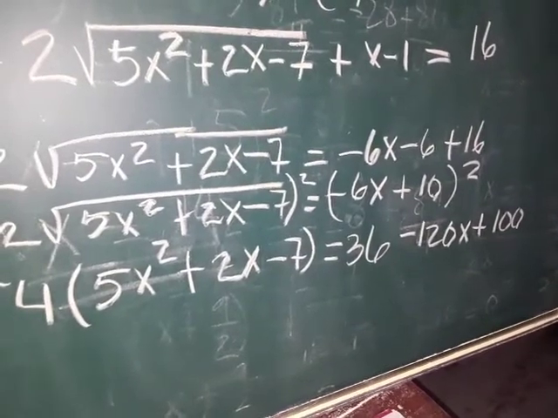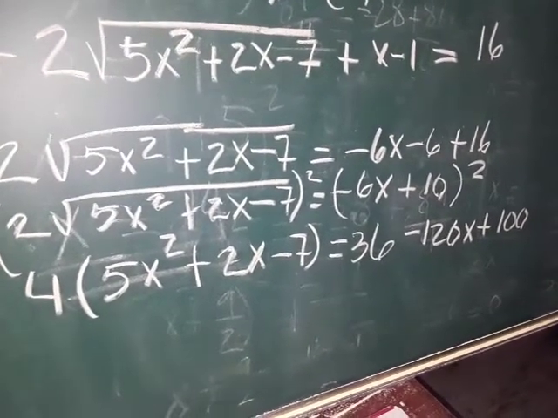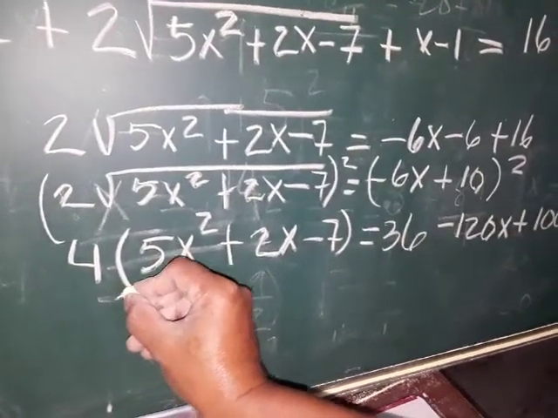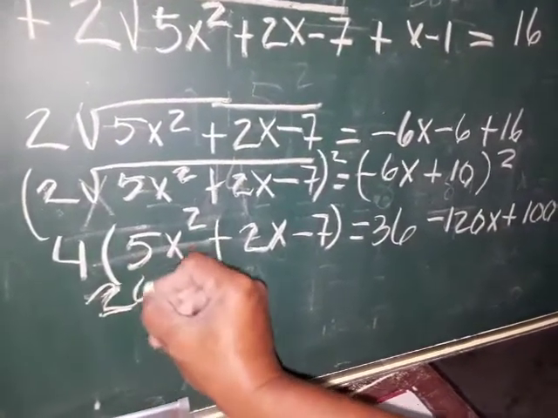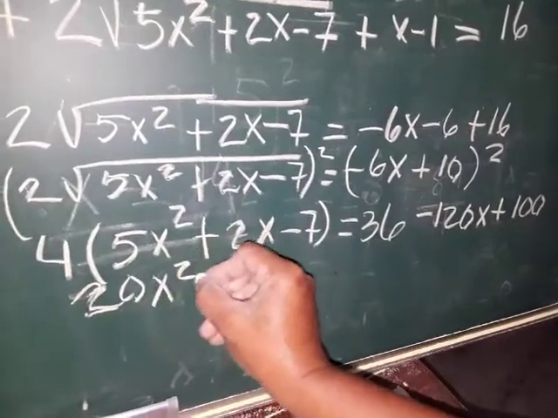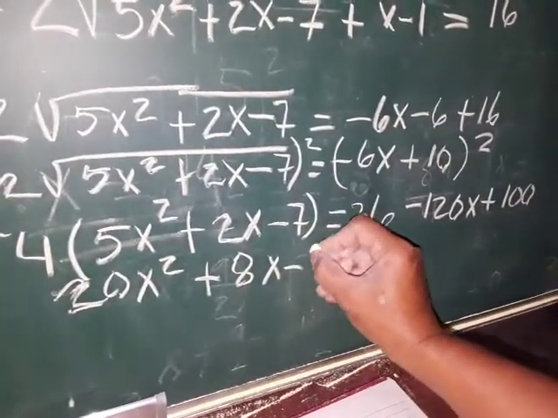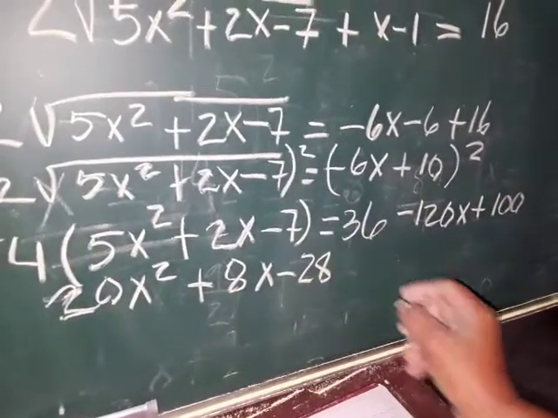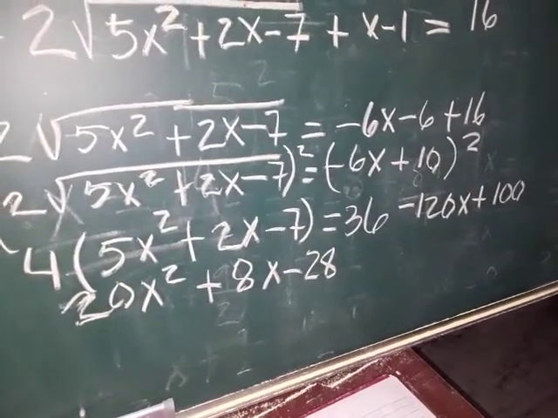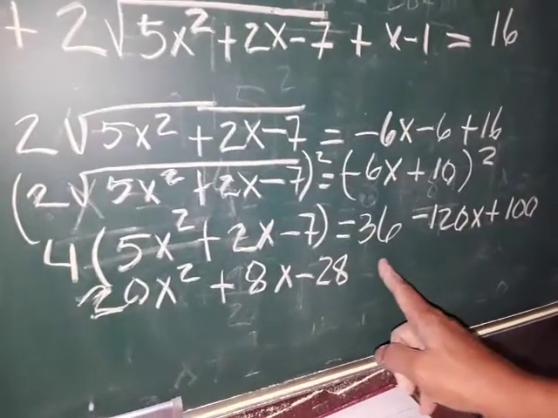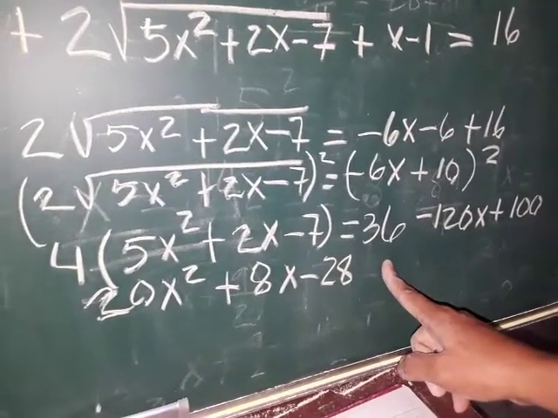Okay, next, combine like terms. Oh, distributive property first. So we have 20x squared plus 8x minus 28. Okay, and then combine like terms.